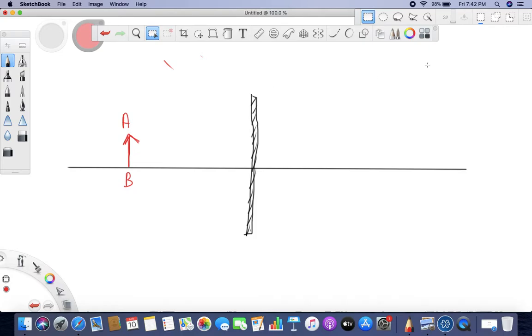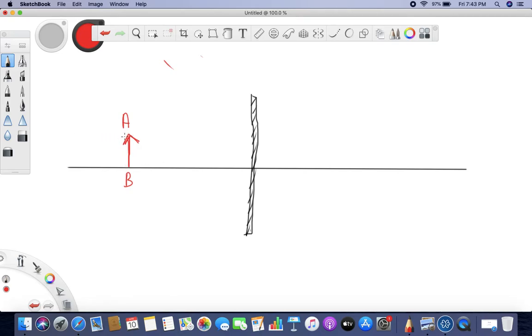So here is your object, and we are learning how an image is formed. Please understand it very properly, because that is only going to help you. For an image to be formed, it is compulsory to have two things. First of all, the incident ray.